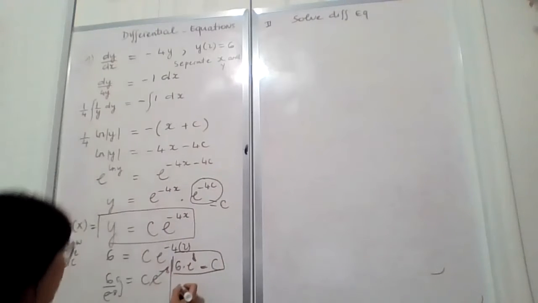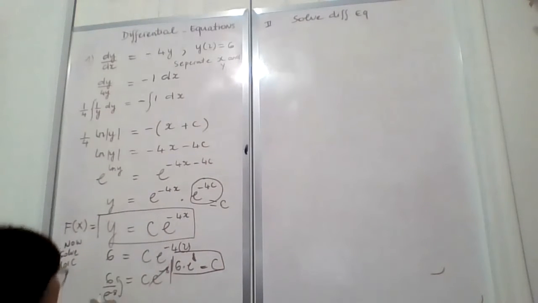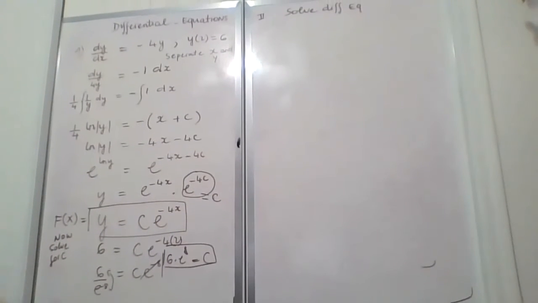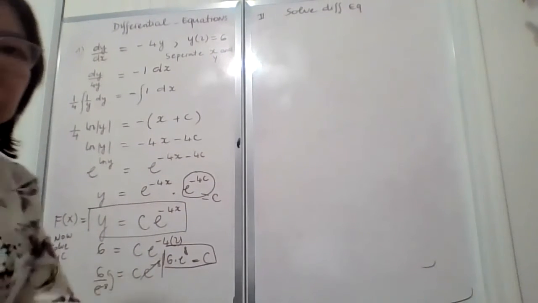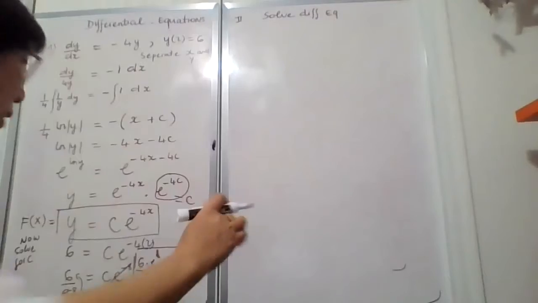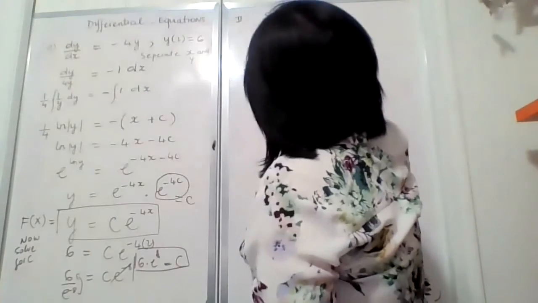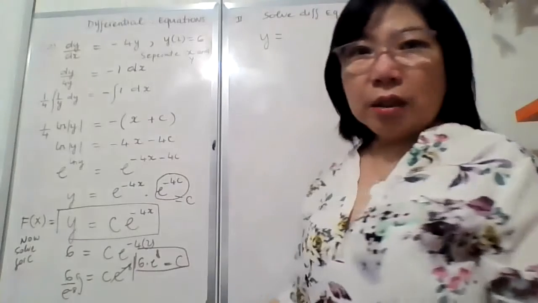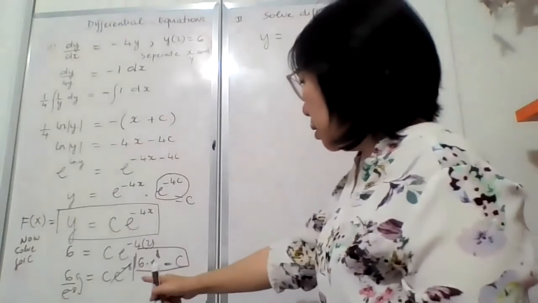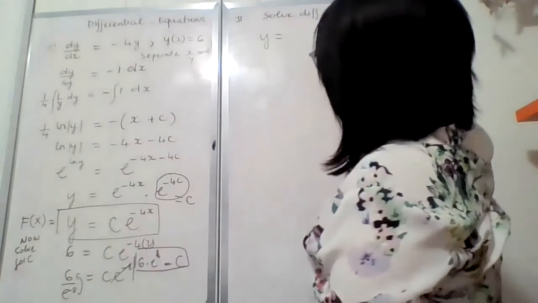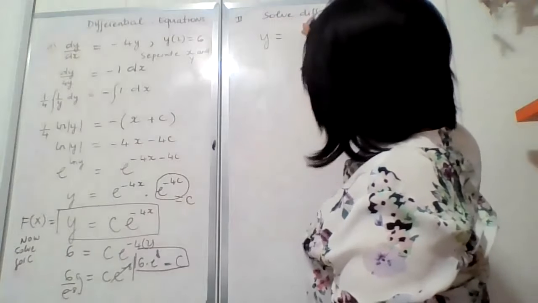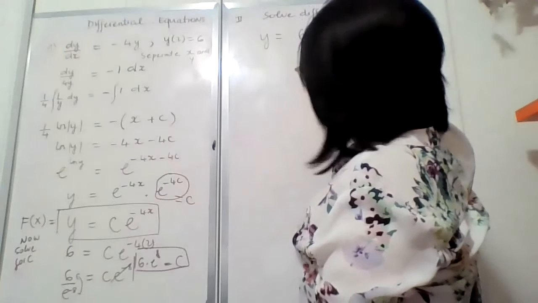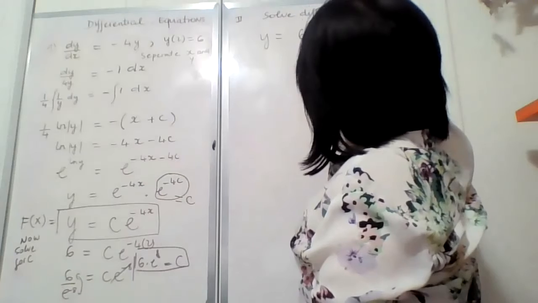So now I know what my c equals. Substitute back into this function. You know what? Let me go to the next bar. So simplify this. I have y equals c, but we know c, right? c is 6 e to the power 8 times e to minus 4x, right?